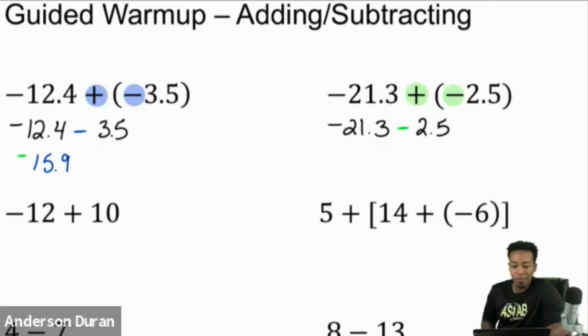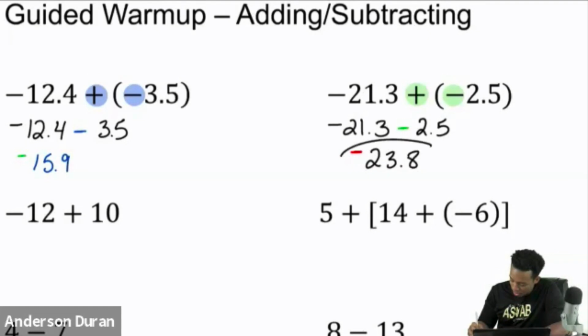I got y'all. Yeah, that's the same thing as adding. So 21.3 plus 2.5. Add one digit at a time. Add the 2 first. So 23.3. Add the 0.5. 23.8. And it'll be a negative 23.8. And that'll be our answer.